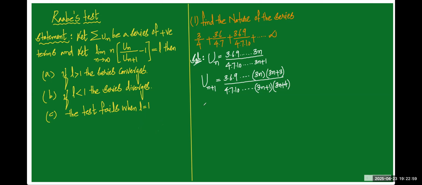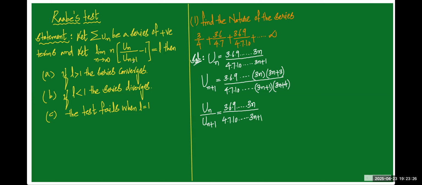Now un by un plus 1, after getting that, we have to go for their ratio, that is un by un plus 1 value. So we know that un value is 3 into 6 into 9, and this process will be continuing up to 3n. Denominator is 4 into 7 into 10. Ratio test, Raabe's test: the relation between them is we cannot apply Raabe's test in the first step; only the ratio test first.